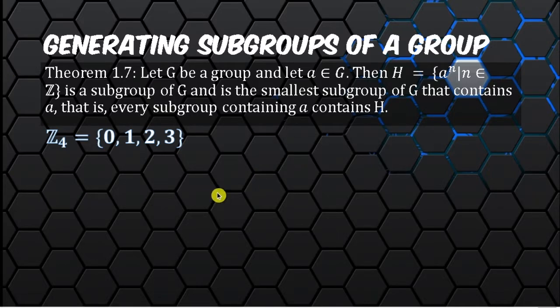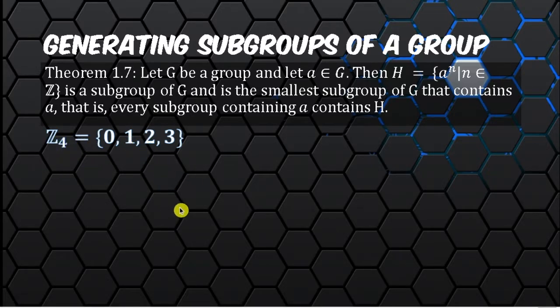Now, if this is the group under consideration, how are we going to generate a subgroup based on this theorem? Okay, so meron tayong group. This is the set. And again, as we mentioned, the binary operation here is the addition modulo 4.